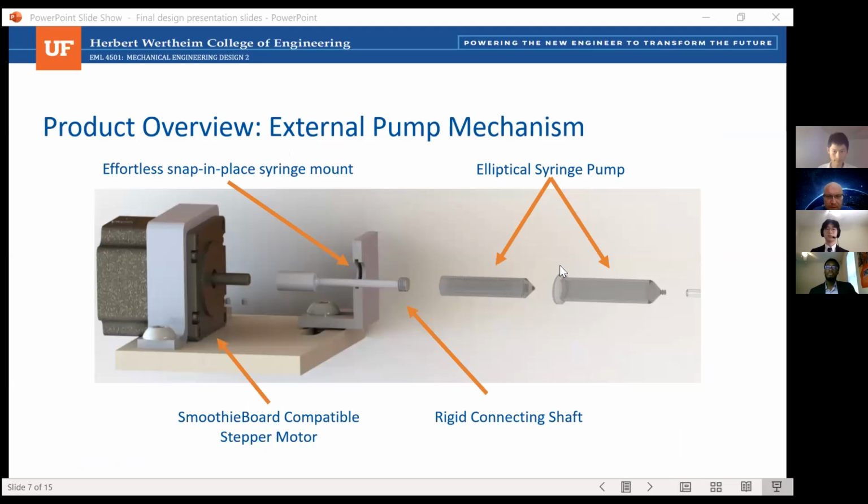Where it says effortless snap in place syringe mount, it's not a press fit, but it requires deformation of the part to snap it into place, which is ultimately what holds it, but it's not necessarily a press fit. Did that answer your question, Elise? Yeah, thanks. Cool, thank you.